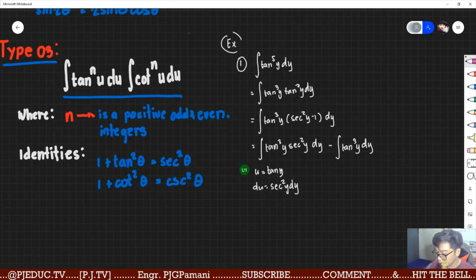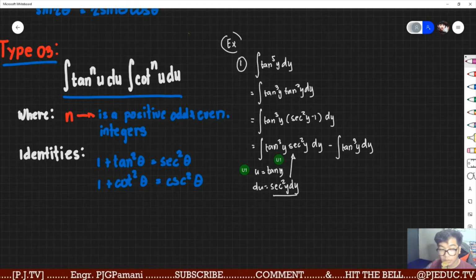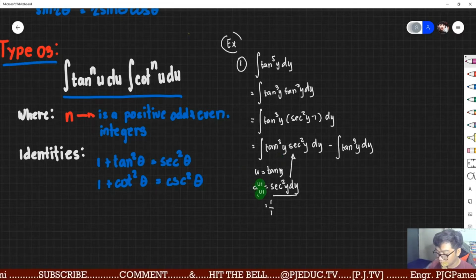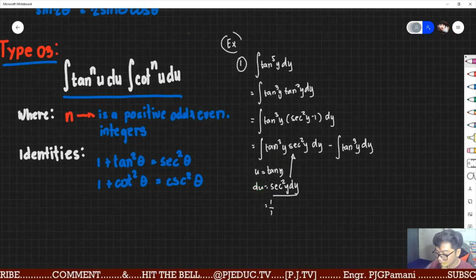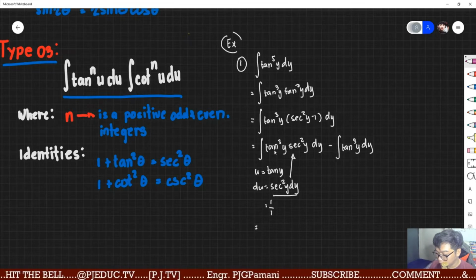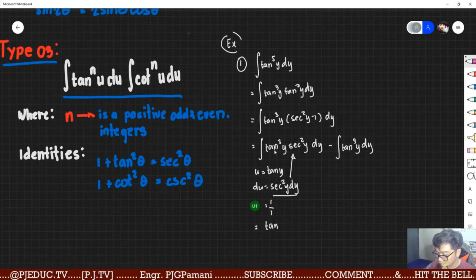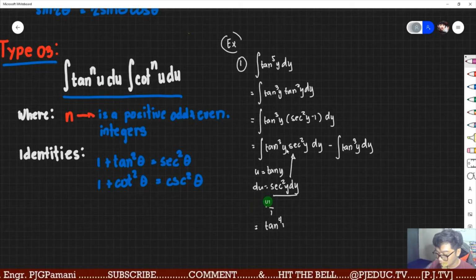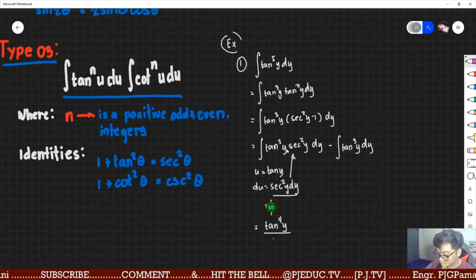So we already have that term here. We'll just introduce a correcting factor of 1 over 1 and cancel that term out, and apply the power formula to our tangent cubed, which leads us to tangent raised to the fourth over 4. So 3 plus 1, raised to the fourth over 4.